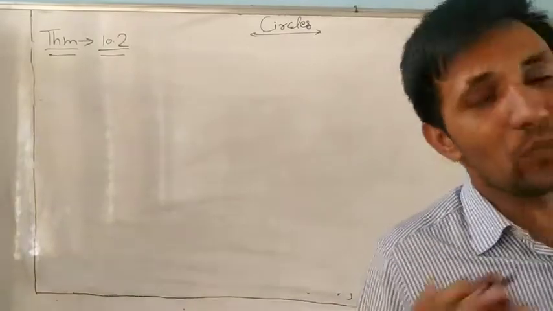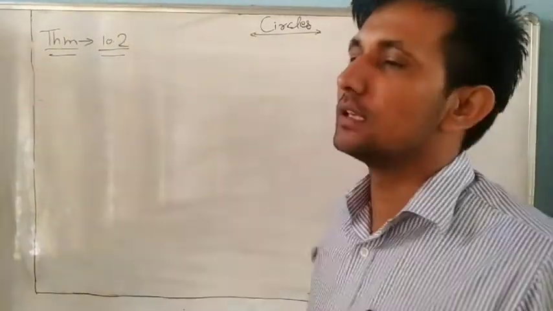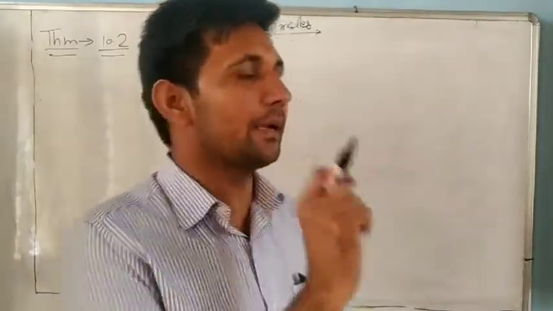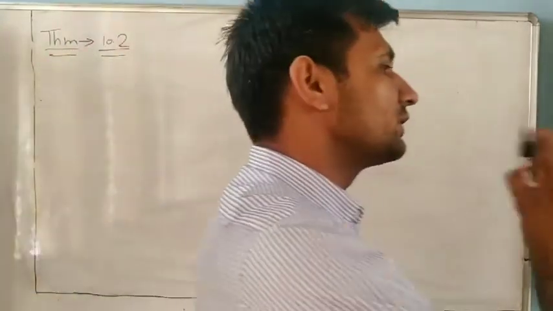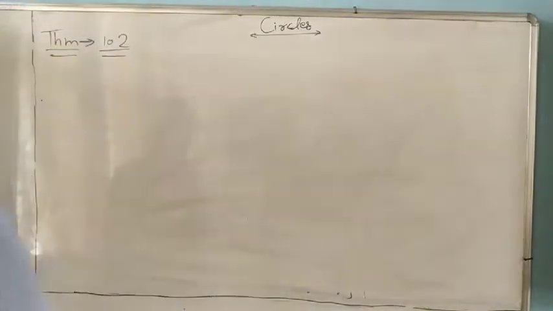In 10.1 it is given that equal chords make equal angles. But now we are saying that if the angles made by any two chords are equal, then the chords will always be equal. Opposite of this one. Okay?